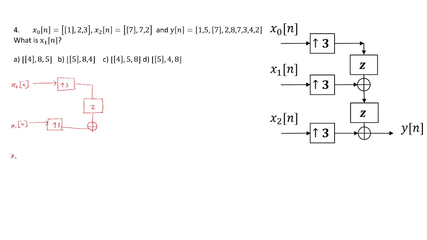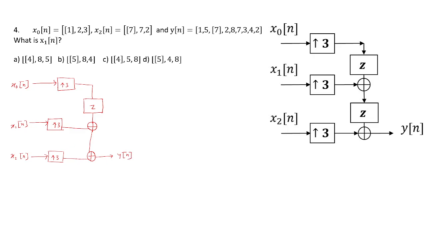The third sequence x2 of n, passing through an upsampler block and adding up to the output of the two branches above to obtain sequence y of n.